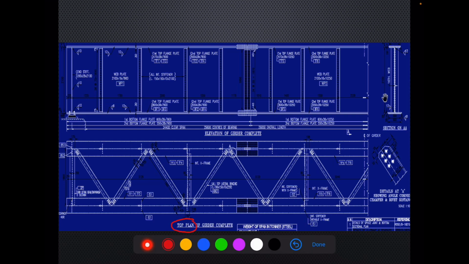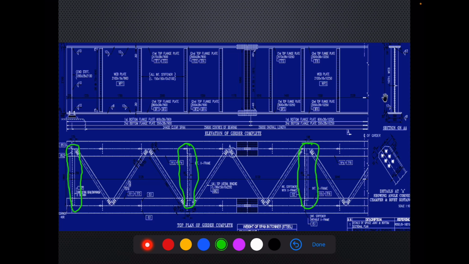In the top plan, we can see these are basically top lateral bracings, TLBs. And at regular intervals, we can also see intermediate cross frames. These are intermediate cross frames. This is the end diaphragm. This is an intermediate cross frame.